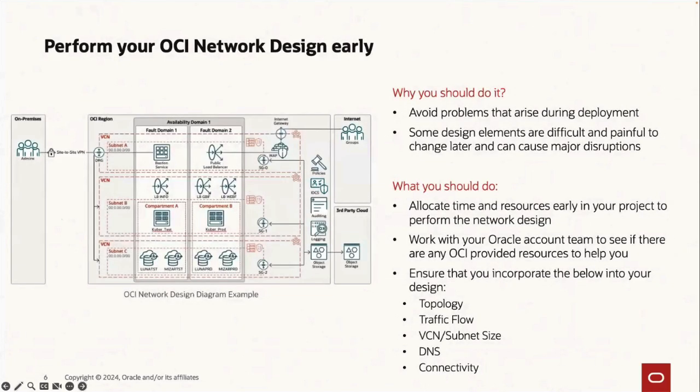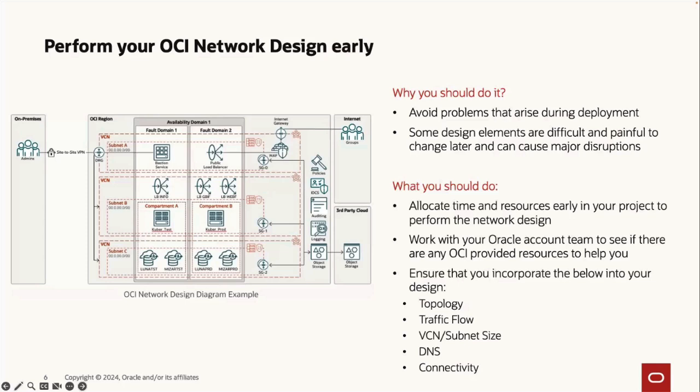The first one on the list might seem very obvious to a lot of people. However, I know Rafi and I can attest to this: when we work with customers, this is one thing that we routinely see customers not doing correctly, or not doing at all, and it coming back to bite them.